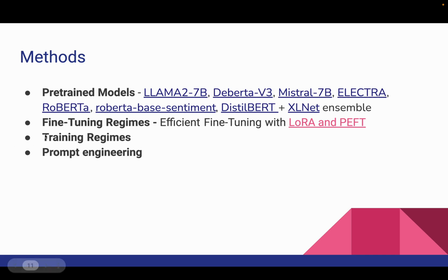And we are also going to try out different training regimes to utilize the available training data set to develop a robust model, potentially incorporating additional sentiment data sets to enhance domain robustness.